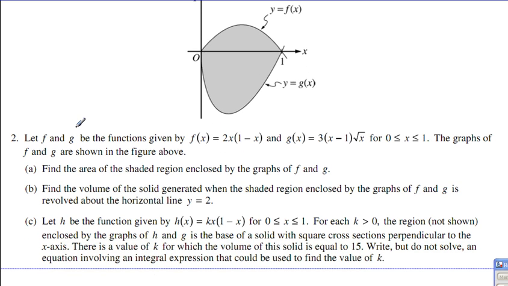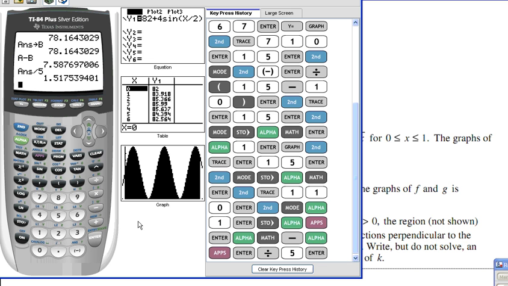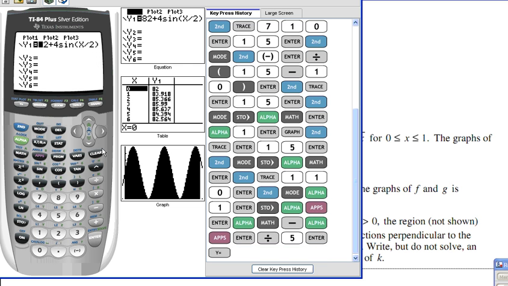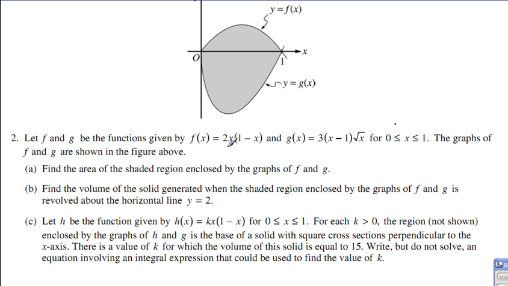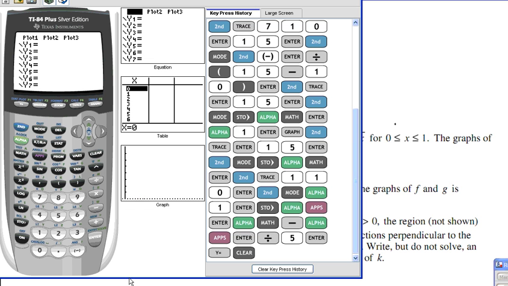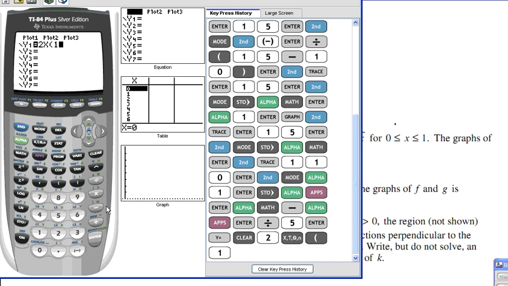Here we have f of x and then g of x. F of x is given in this way, 2x times 1 minus x, and g of x is given in this way. All right, so let us try to put these two functions into the graphing calculator first. What I'm going to do is I'm going to erase this one. I'll say 2x times 1 minus x, I believe.